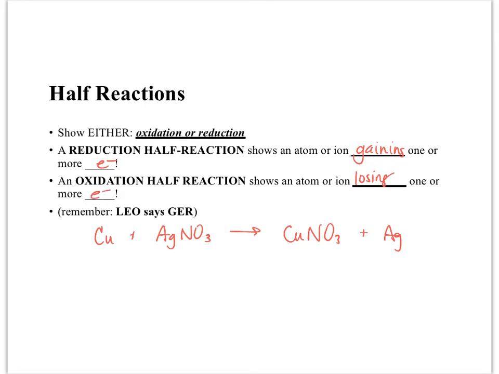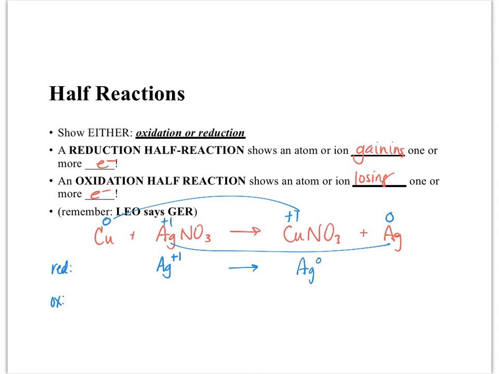Okay, so this is in terms of LEO says GER. Based on what we saw in this example from earlier, if I wanted to write the reduction half reaction, I would take the silver and write down how it starts, +1. I would show how it ends, 0.